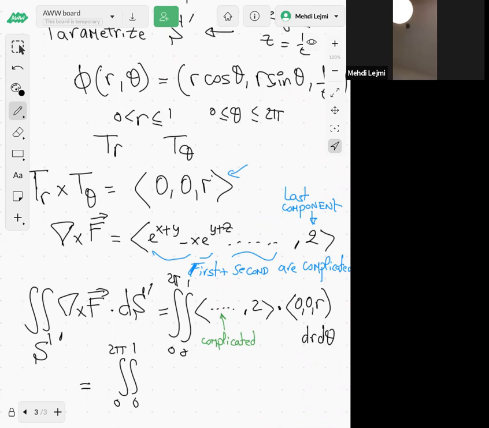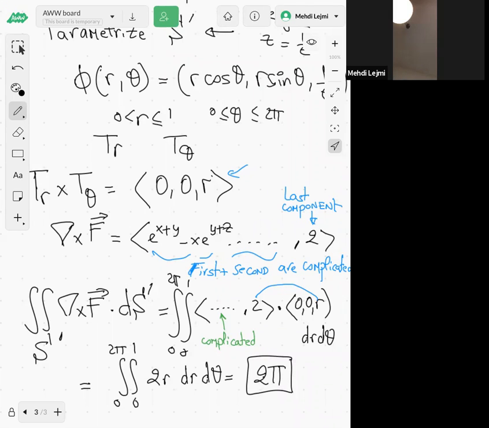It doesn't matter what you have in the first and the second component of your vector field. They are very complicated, but because of the scalar product, you just end up with 2 times r. So that will be 2r dr d theta. This is very easy to evaluate, and the answer is just equal to 2 pi.